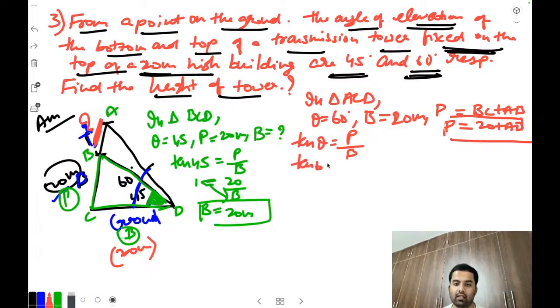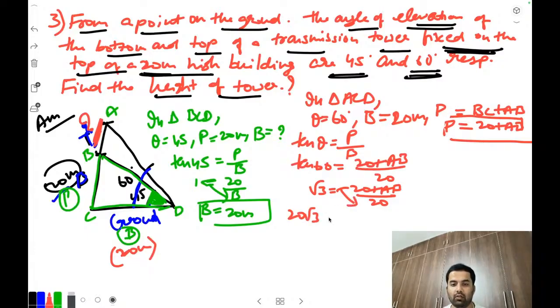So tan 60 equal to P value, what we have, 20 plus AB, and the base value is 20. Tan 60 is root 3. So root 3 equals 20 plus AB by 20. Okay, cross multiply. So 20 root 3 will come, and 20 plus AB.